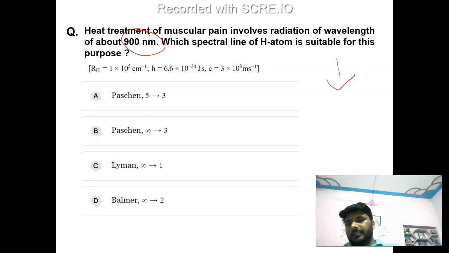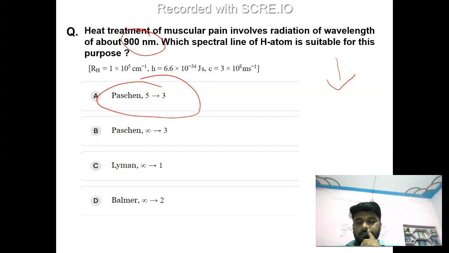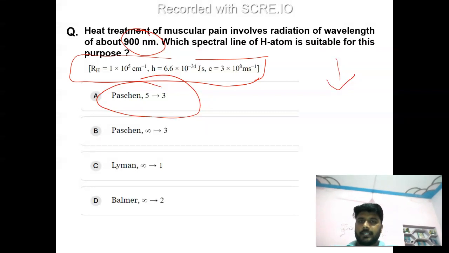There are four lines given here. First is the Paschen line 5 to 3, Paschen infinity to 3, Lyman infinity to 1, and Balmer infinity to 2. And the standard values are also given here. First is the Rydberg constant, that is 1 into 10 raised to 5 centimeter inverse, the Planck constant, and the velocity of light.